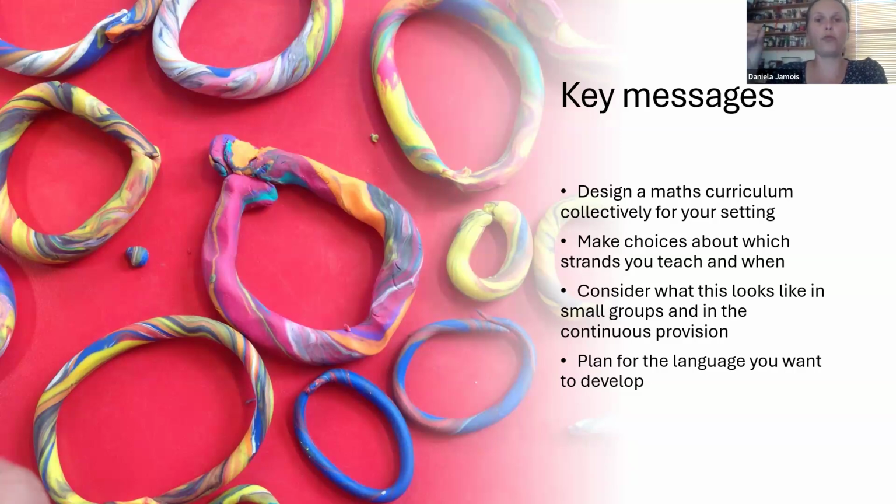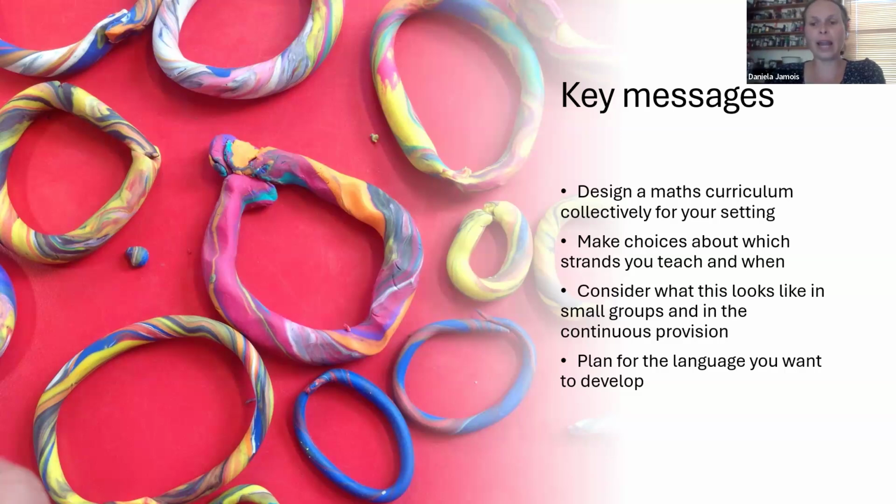This is about you being evidence informed, knowing what the research is saying are good practices, and having a go at building those into what you are providing for your children. So consider what this looks like in small groups, and then how that might look in the continuous provision.